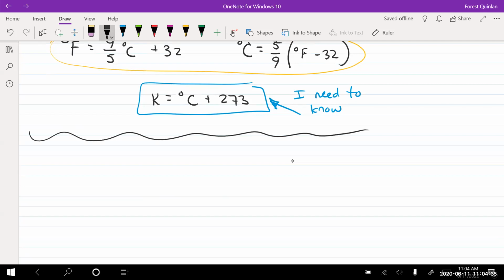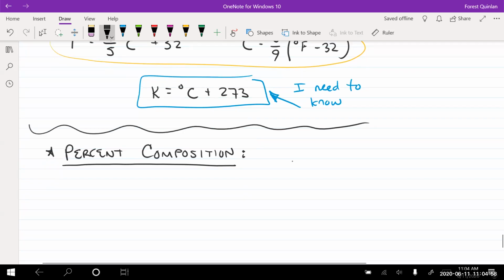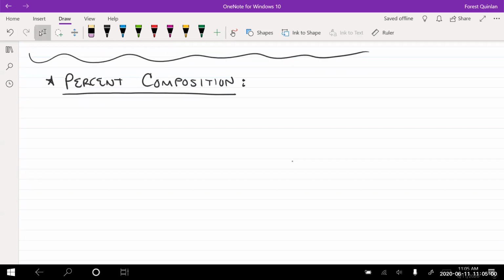All right, last topic, percent composition. We're going to see percent come quite often in this class, and we'll probably do it three or four times before the end of the semester.